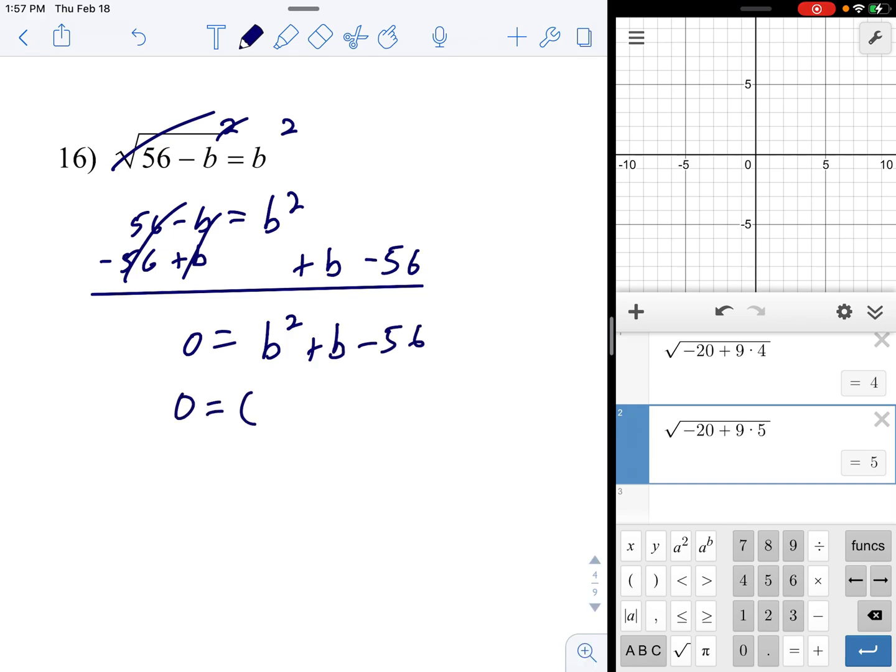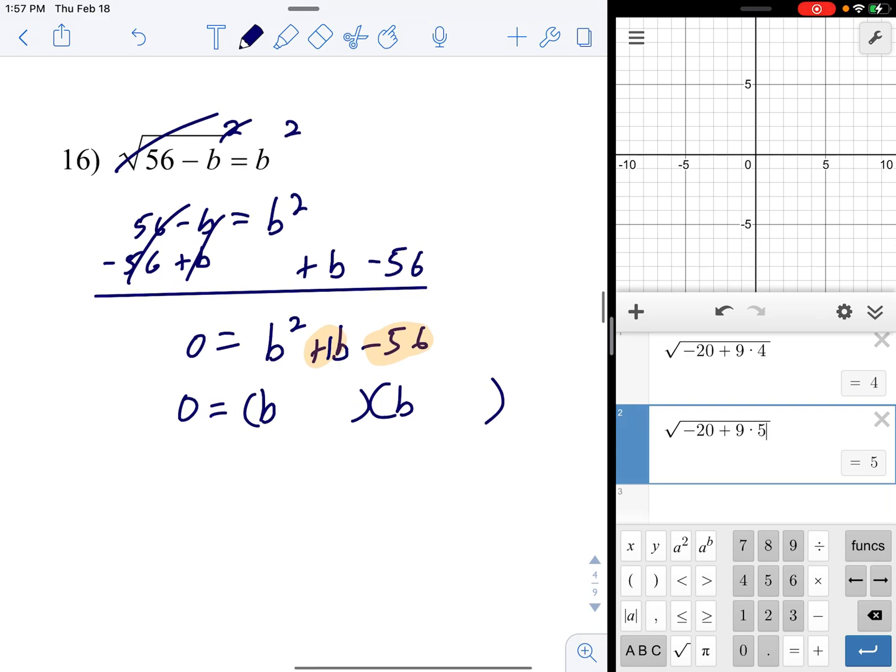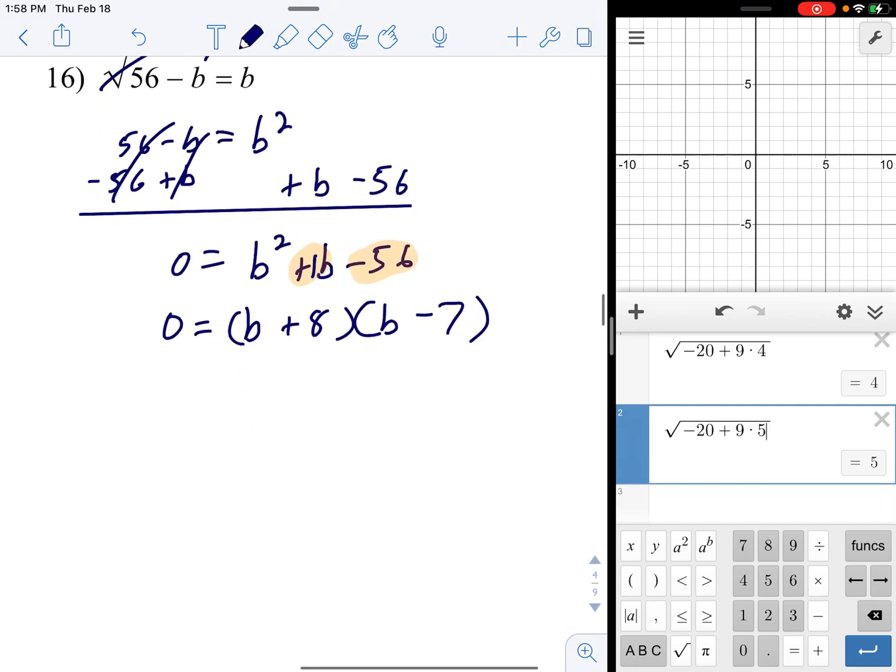And since this is a quadratic, I need to factor it, hopefully factor it. I need two numbers that multiply to -56 and add up to +1. Remember that b technically has a 1 there. And I think that's pretty easy, right? +8 and -7. They multiply to -56, they add up to +1.